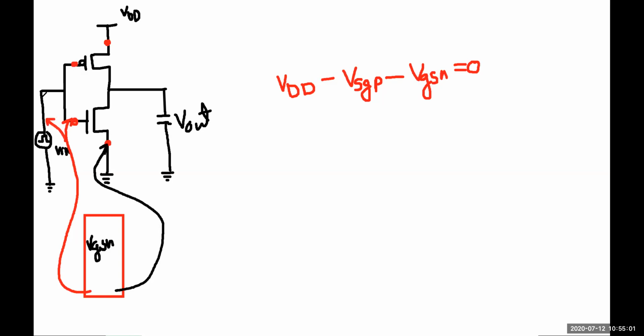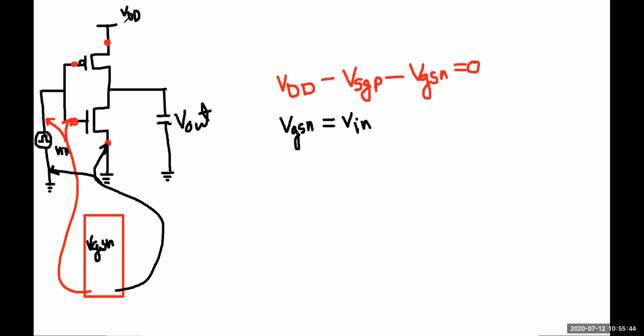Because they are practically the same point. And putting the black pin here, in the ground, or here, same thing. So what are we measuring? We are actually measuring VGSN, but actually we are measuring V in. Right?